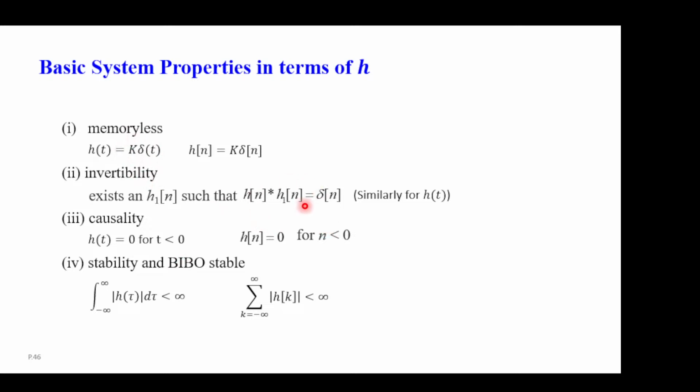Invertibility means you can find another h such that, because of associativity, you are combining those two systems, and you get a delta function, which is the h for the identity system. Causality means h of t equals 0 for t less than 0, and for stability, you need h to be absolutely integrable or absolutely summable.